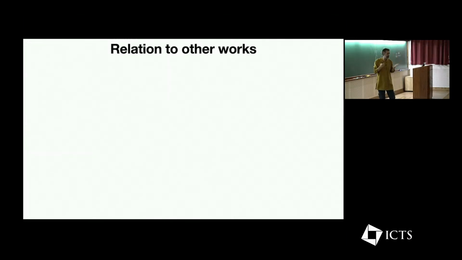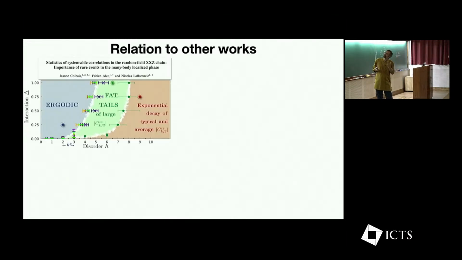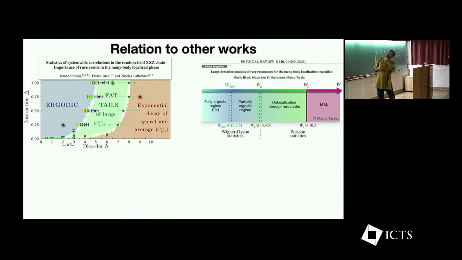So how is this related to other works? There is this very interesting one, a different model. This is an Ising model, more like an Imbrie model, by Giulio Biroli, Hartmann, and Marco Tarzia. The numbers don't compare, because this is a different model, but they found that Wigner-Dyson versus Poisson statistics change around here. For us, it changed here.